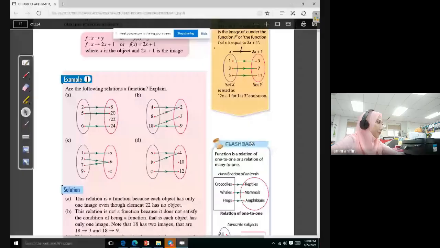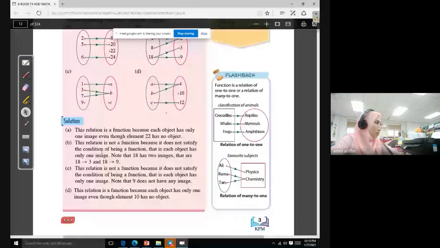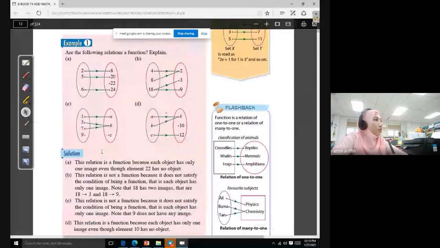Kemudian kita tengok kepada C, contoh C. Nampak dekat sini, 1, the image is A. And then 3, the image is B. 7, image dia adalah B. But for 9, didn't have any image.